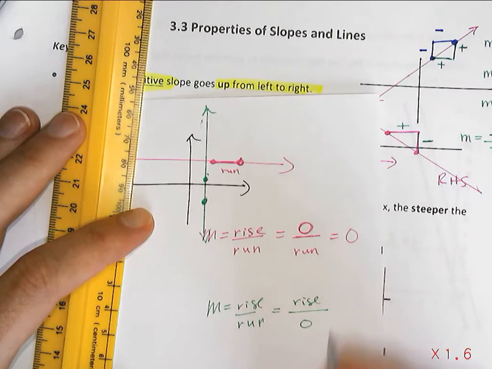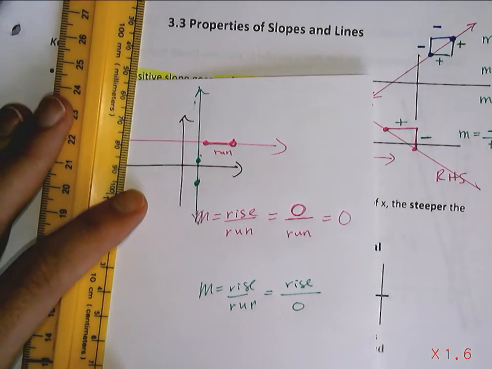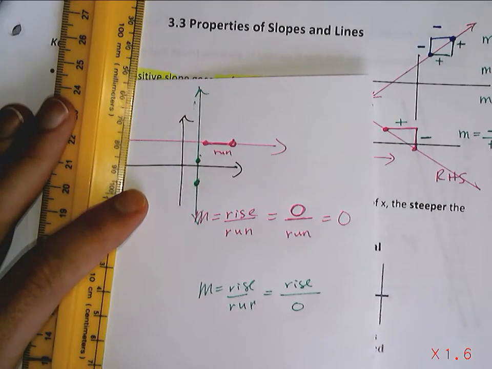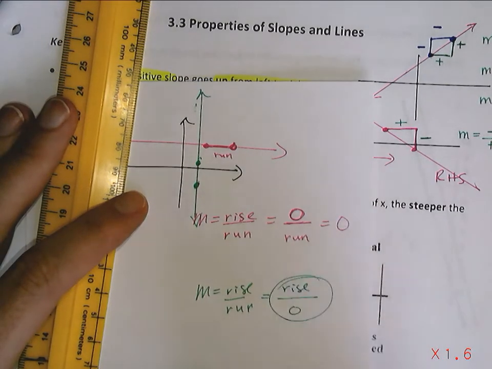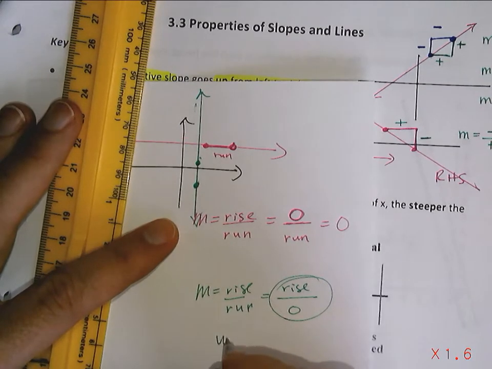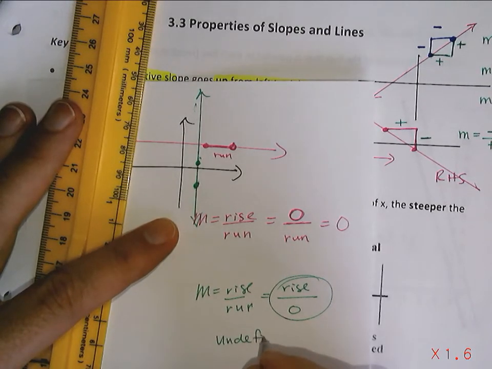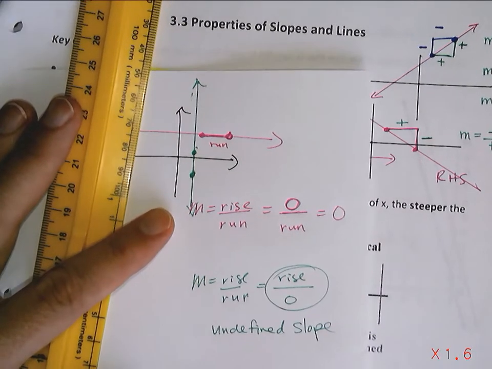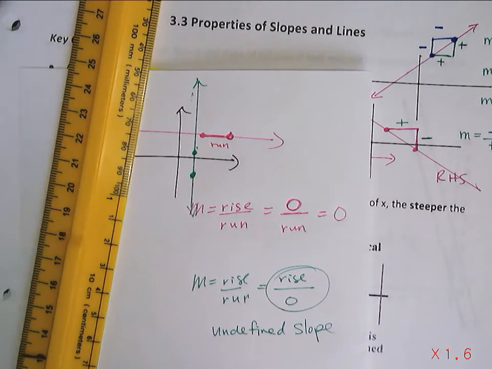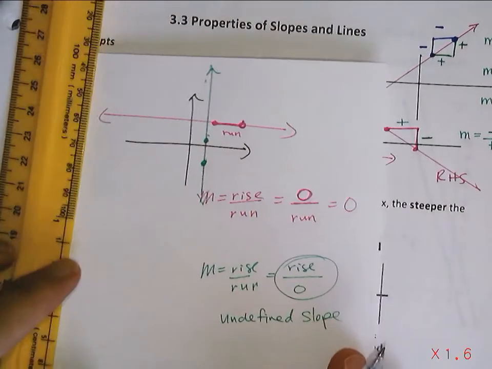So this is that case that we talked about where we have a number divided by 0. The answer's not 0. We talked about this in class. So this is an interesting case that we say undefined slope. Okay, it's not 0, it's not 1, it's not error, as your calculator sometimes says. It is undefined. So a vertical line has undefined slope.